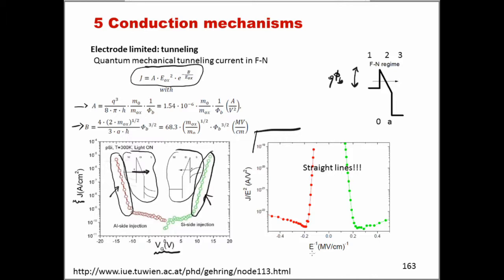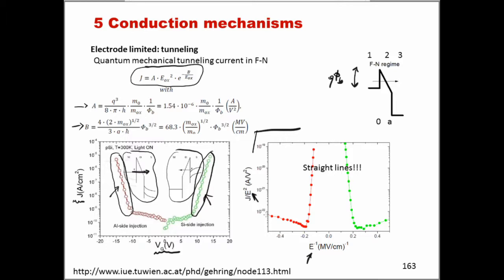I'm highlighting this point because we should remember that if there is a semiconductor involved somewhere, we should in principle also take into consideration the surface potential of that semiconductor in any given biasing condition. So we know that there is a little voltage drop also in the semiconductor. So in principle, we should take it into consideration before we plot these curves, because the electric field that we put here is the electric field in the oxide.